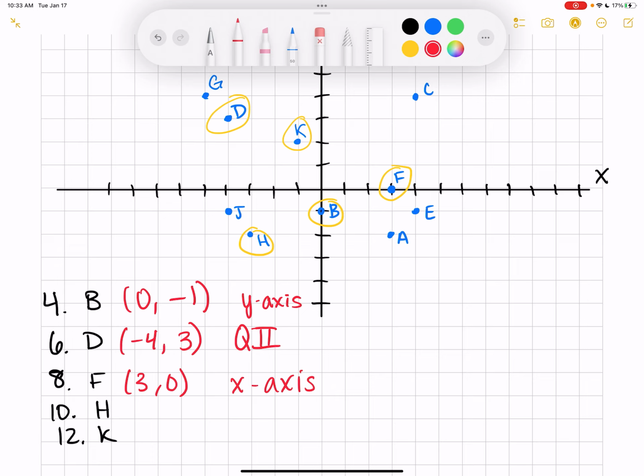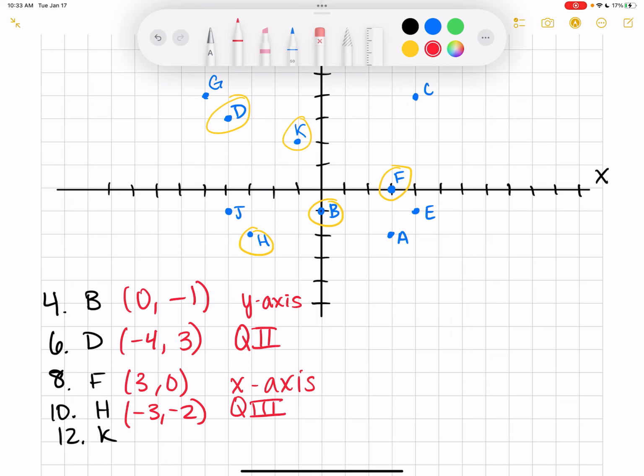So the y coordinate is right. What's the x coordinate? It went left, so what sign is on it? Oh, -3? Yep, so it went 1, 2, 3 to the left and then down 2. So -3, -2. And where does that point fall? Third quadrant. Yep, quadrant 3.